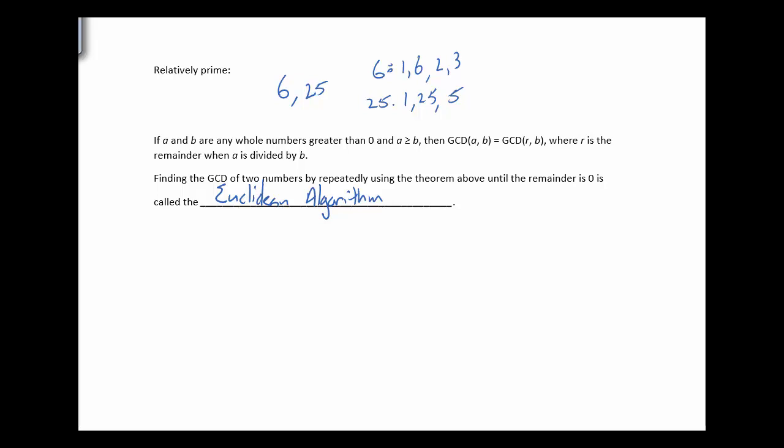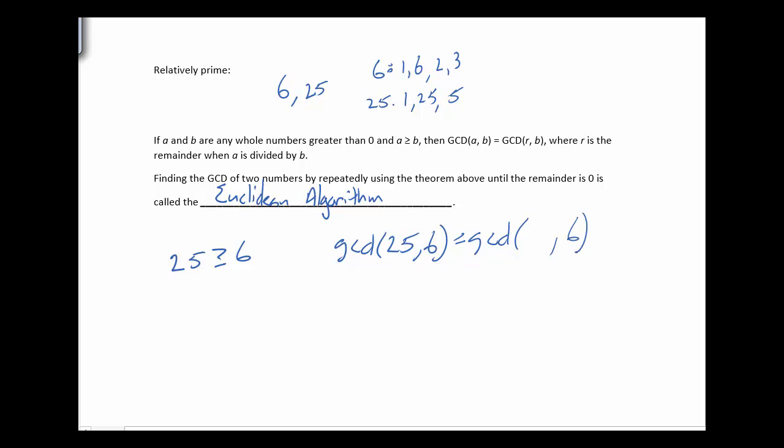If 6 and 25 are any whole numbers greater than 0, and they both are, with a greater than or equal to b, I'm going to set up a to be 25, greater than or equal to 6. Then the GCD of 25 and 6 is going to equal the GCD of the remainder and 6.